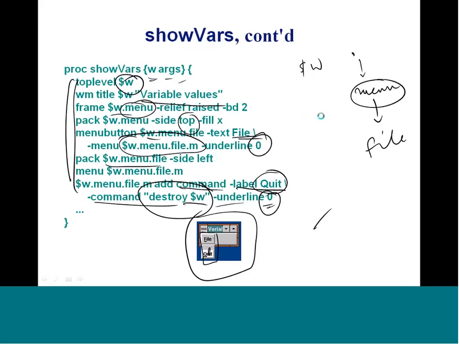And then we also create another child window, which is the menu. That menu becomes a button with the text File, and then we create another child window underneath it, which is called quit, which essentially gets this window out.